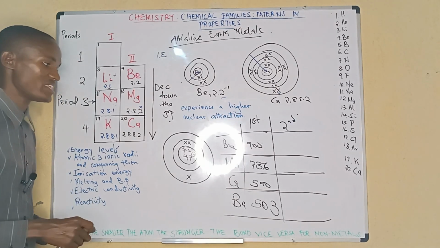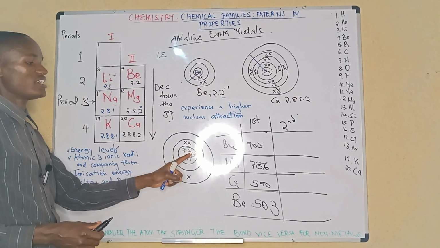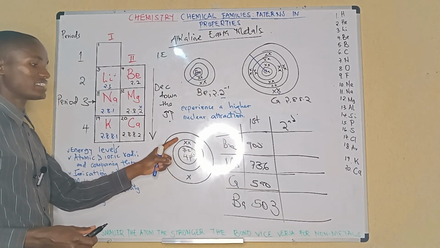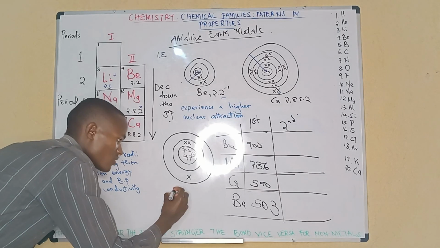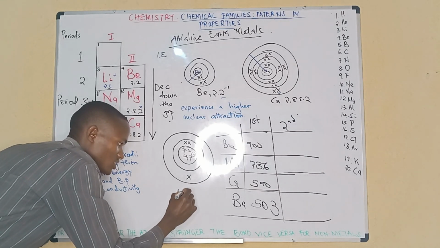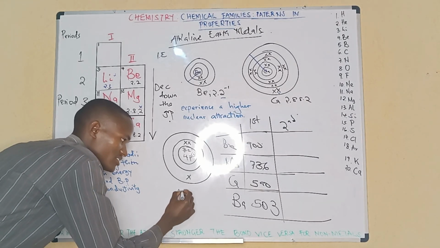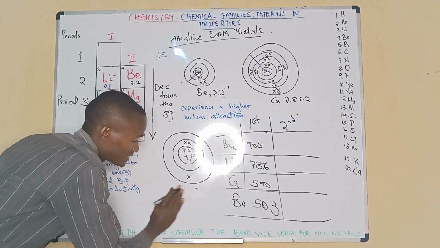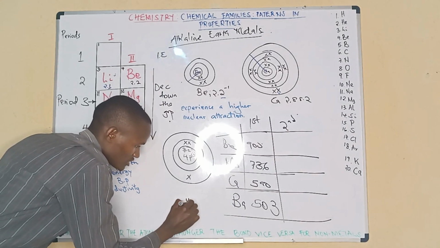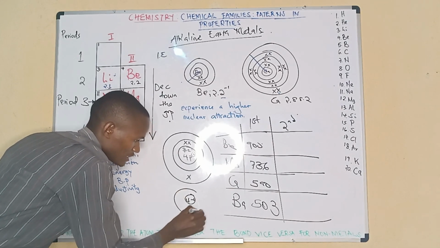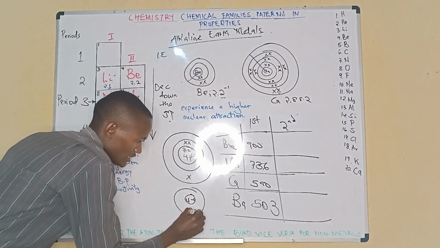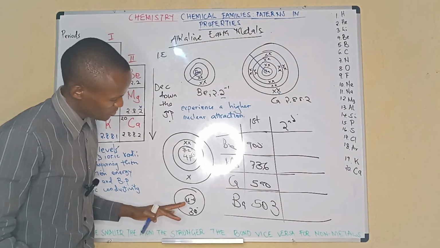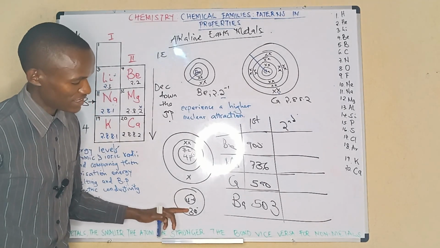So we are left with, remember we have just said that the positive charges in the nucleus are the ones attracting the negative charges. Now we'll be having 4 positive charges in the nucleus, attracting 3 negative charges.